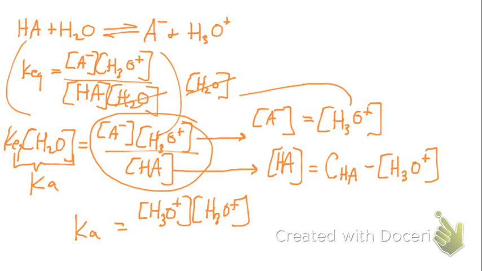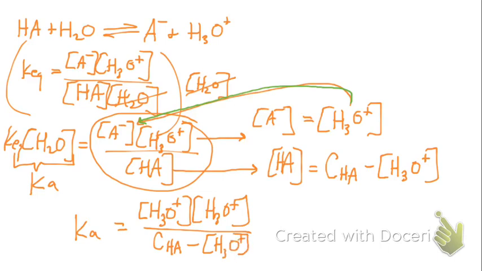So what I'm doing is I'm going to plug this back in. So now we get H3O plus times H3O plus divided by the analytical concentration minus H3O plus.